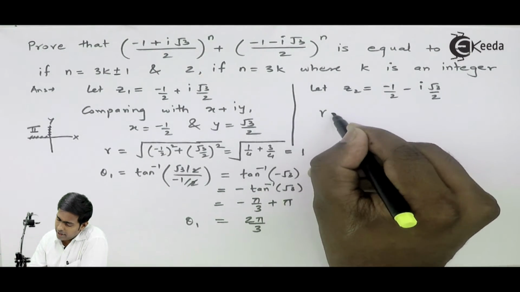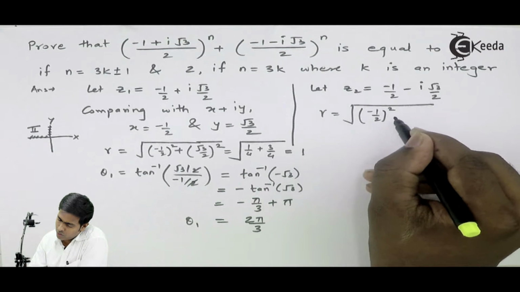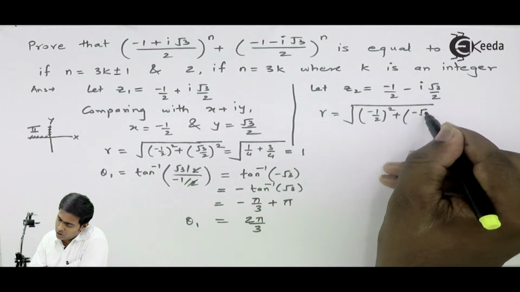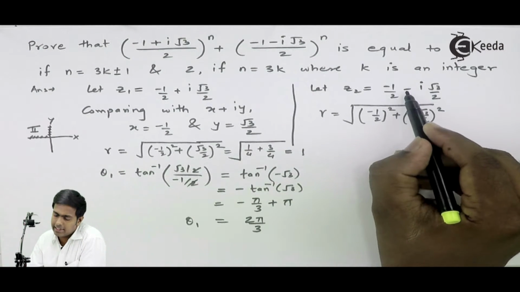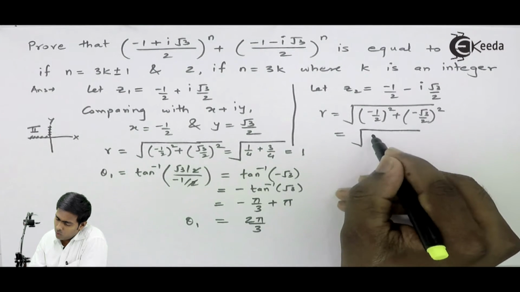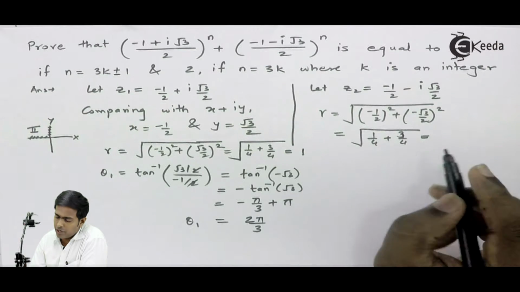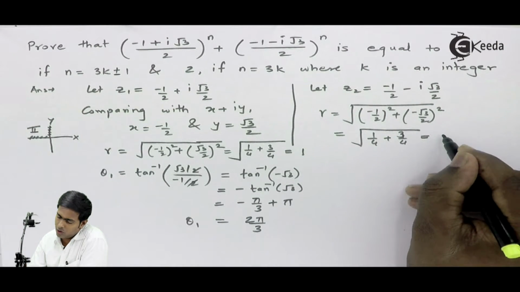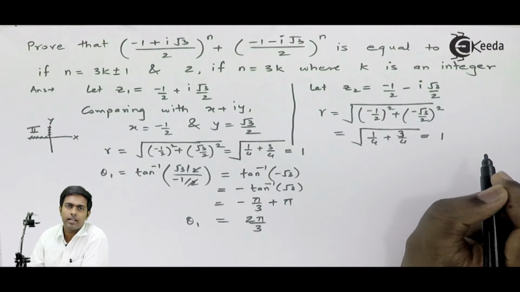So here we will get r equal to the root of (-1/2)² + (-√3/2)². Here you can see that y is negative. So we will get the root of 1/4 + 3/4, which will give you 4/4, equal to 1. So here r is 1. Now let's find theta.